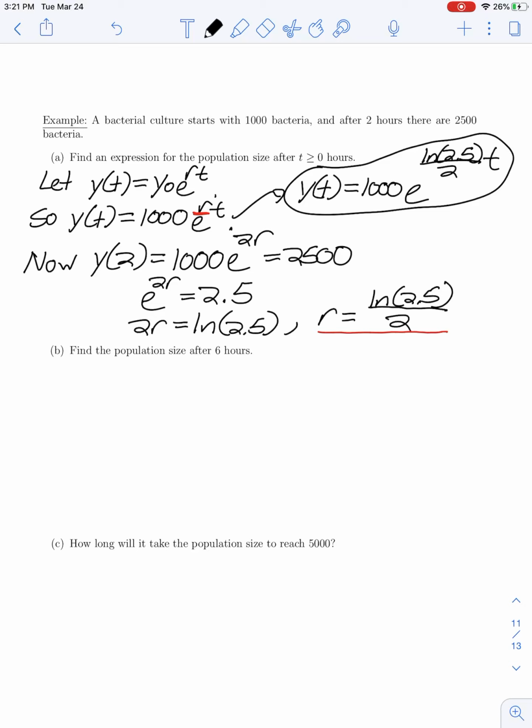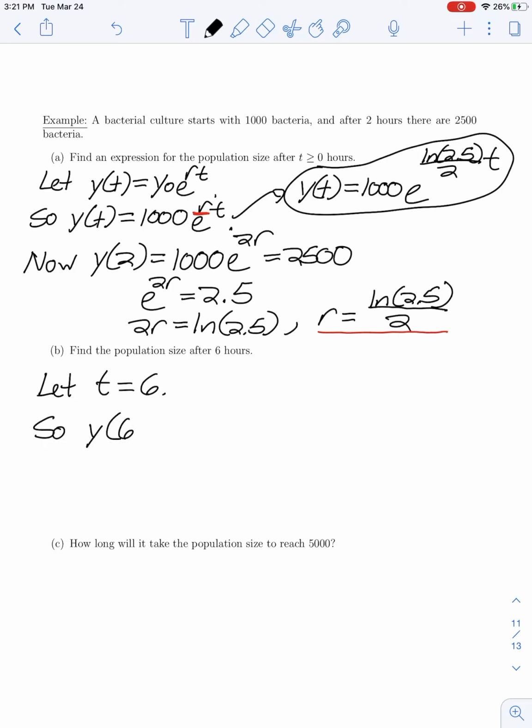Now, once we have this expression, in part B, we are asked to find the population size after 6 hours. So in order to do that, we would let t equal 6.